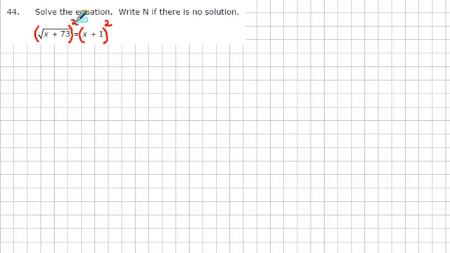On the left-hand side, the squaring undoes the square root, leaving us with the radicand, which is x plus 73. On the right-hand side, we want to be careful. The square of x plus 1 means to multiply x plus 1 by itself.